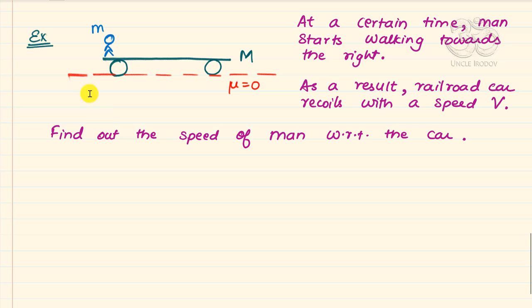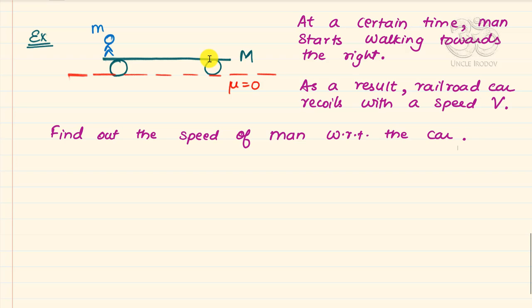Yeah, so one thing to keep in mind intuitively is this. Your formula should confirm your inherent intuitive bias. Let us say the man is lighter and this railroad car is heavier. Then I know that for the railroad car to recoil with a certain speed, man should be moving at a faster speed in the right direction.